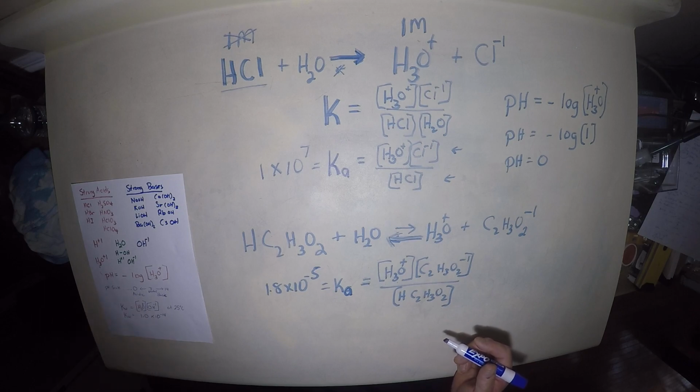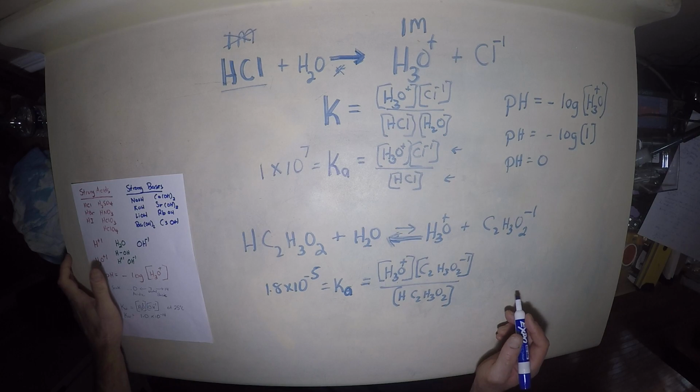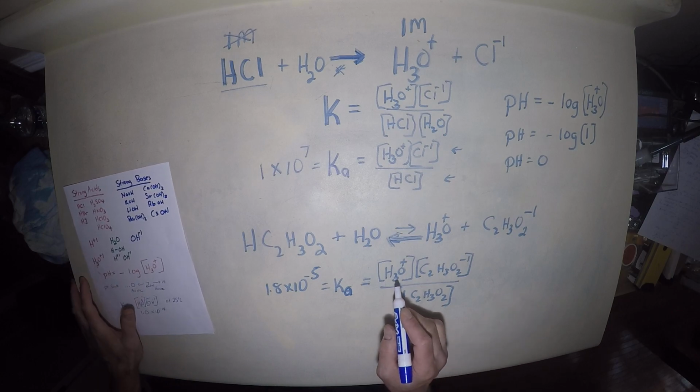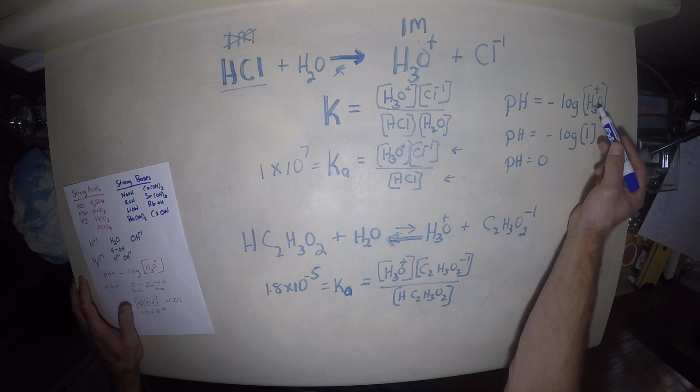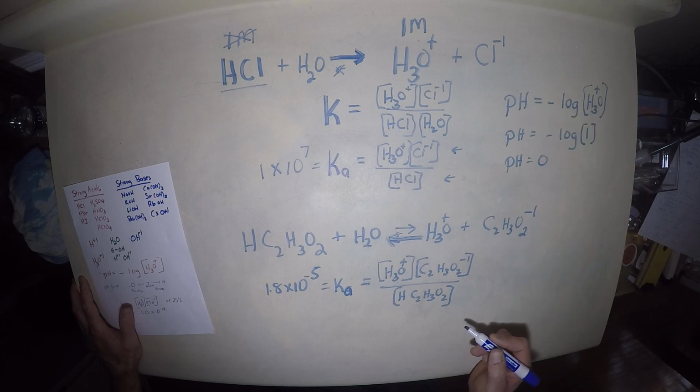We're not going to be responsible for the quadratic approach, but if we can solve for the hydronium, then the important thing is once we know hydronium, we can convert to pH.